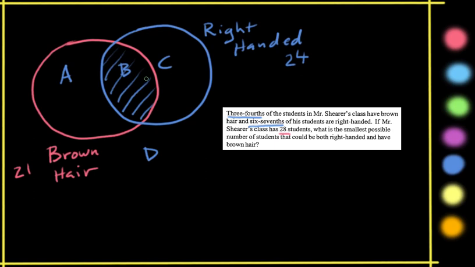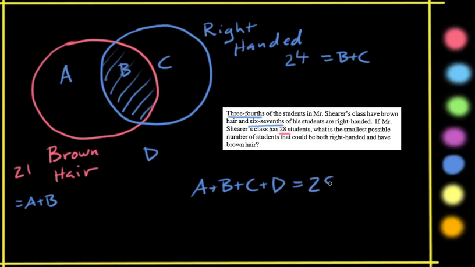And we know that 24 is going to be B plus C, and we know that 21 is going to be equal to A plus B, and we know that 28 is A plus B plus C plus D. It's going to be 28.